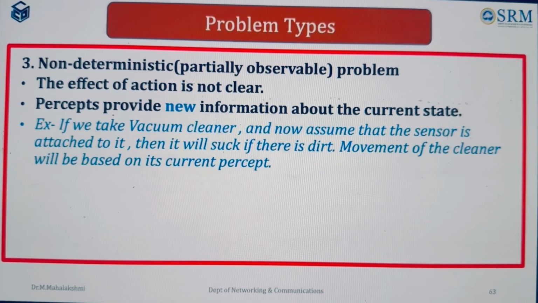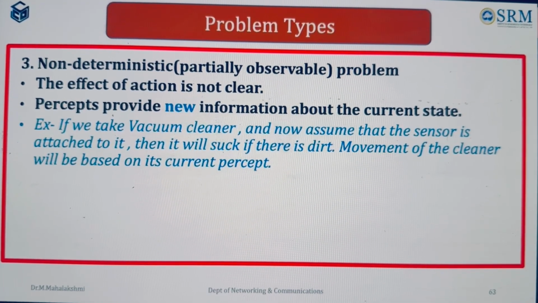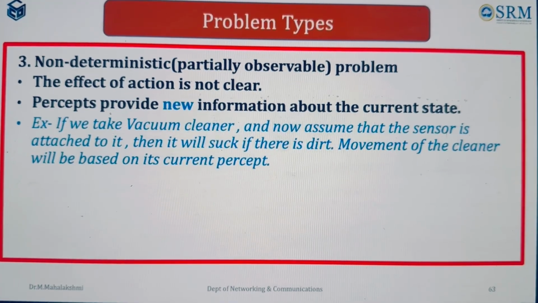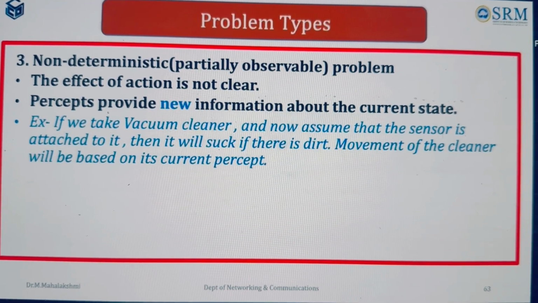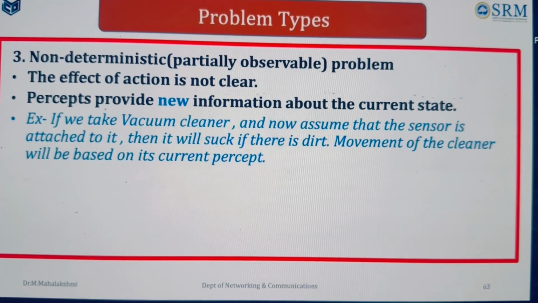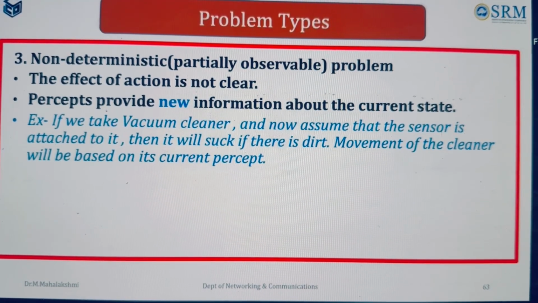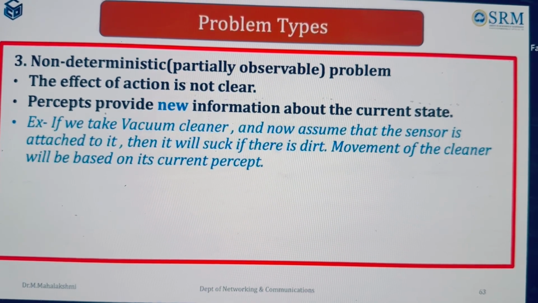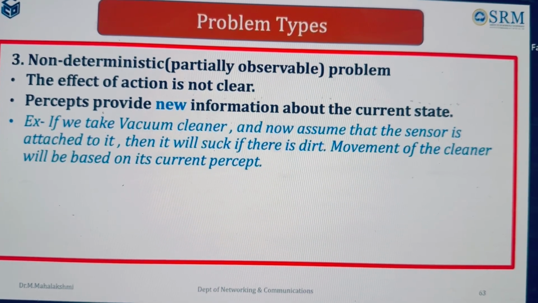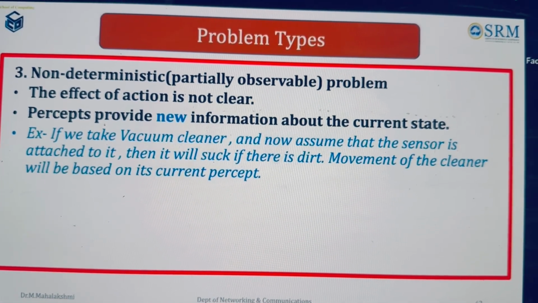Any example for partially observable? See, we said fully observable. One example is chess. Similarly, with a game, can you say partially observable? Some games are partially observable.